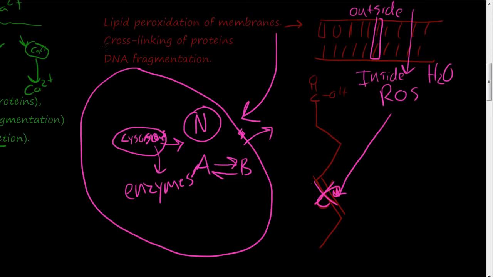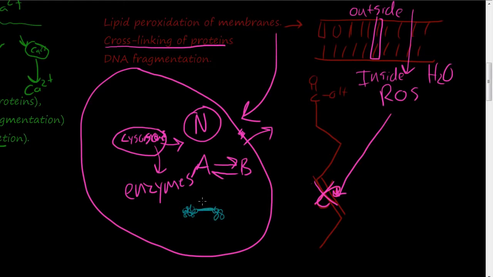Let's talk about the cross-linking of proteins. So reactive oxygen species will promote cross-linking of proteins. So inside the cell, you have these little proteins, and they're little strands of amino acids, and that's a little protein, and this is a little protein. Enzymes, by the way, are just proteins. So reactive oxygen species will come in here, and they'll cause these two proteins to stick together.